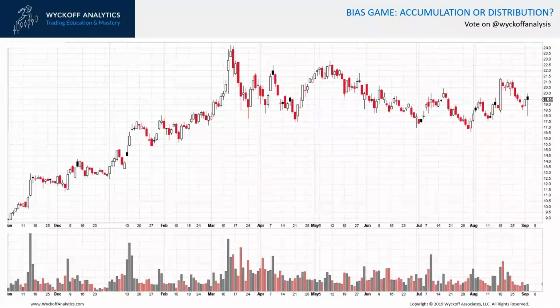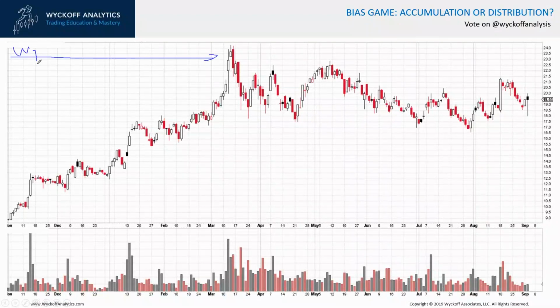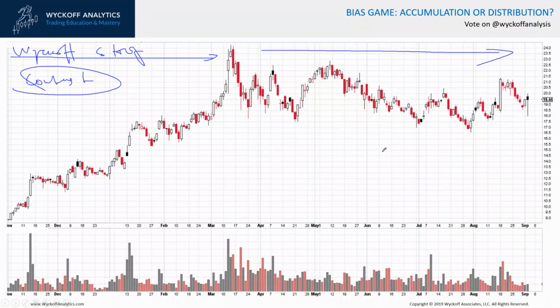So yes, we would definitely, yeah, the Wyckoff story unfolds from the right to the left. We need to establish the context that we're going to use in the discussion of the trading range. We want to understand what was the environment before.